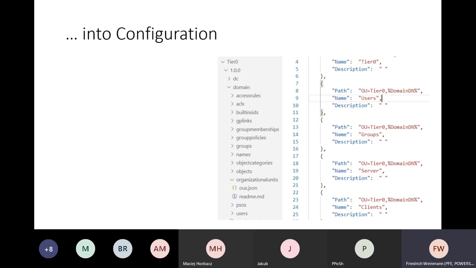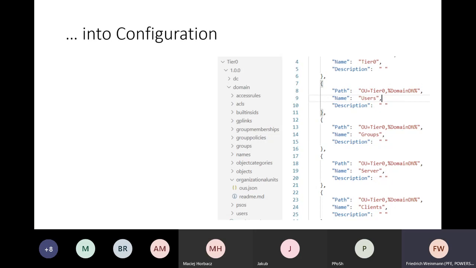But basically, we turn a number of settings we prefer, can be a single setting, it can be dozens, hundreds, thousands, whatever strikes your fancy, into any number of files. For example, we've got here one organizational units file. We could at the same time have 10 JSON files that all define organizational units. We don't have to put them all into a single file.